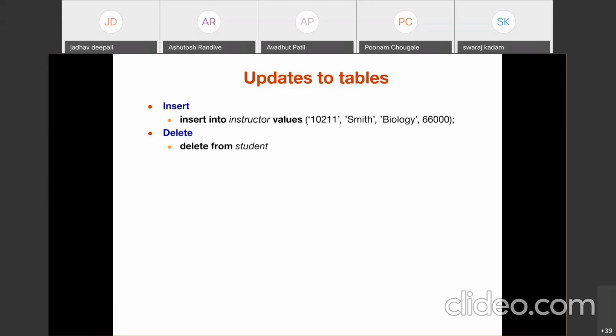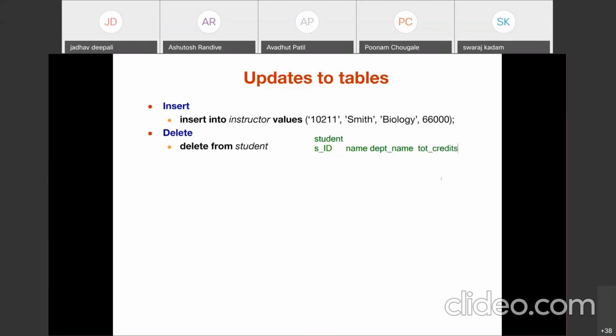Suppose I have a student table with four attributes: SID, name, department name, and total credits.